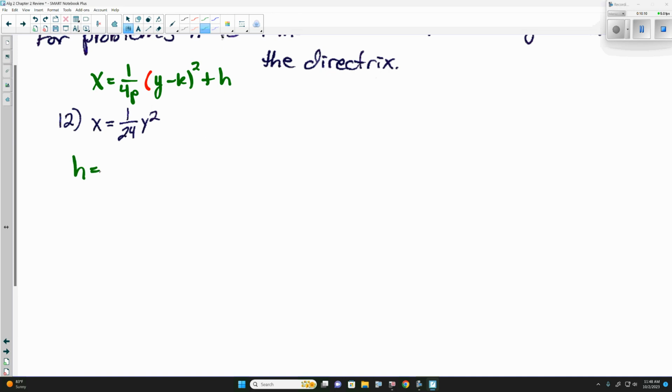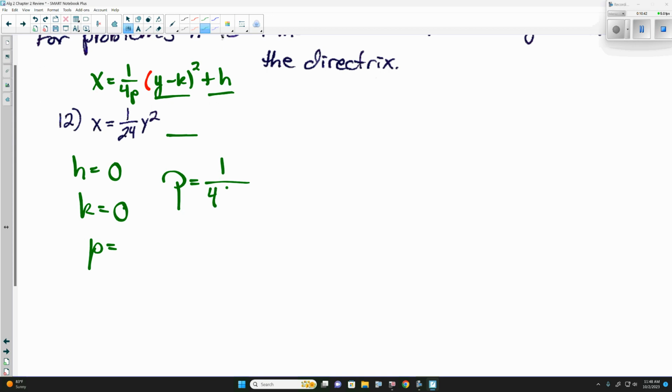And again, just like with the last one, we need the values of h, k, and p. This time the k value is inside the parentheses. But again, since we don't have a number inside the parentheses, the value of k is understood to be 0. Plus h. We don't have a number added to our squared term, so the h value is also 0.